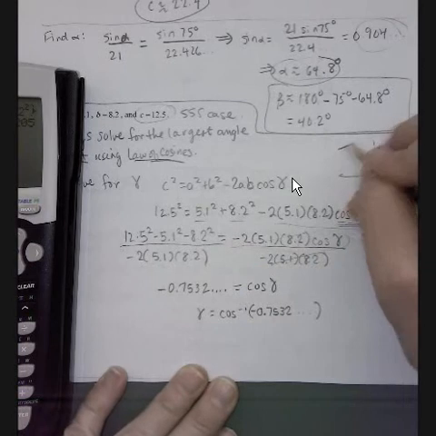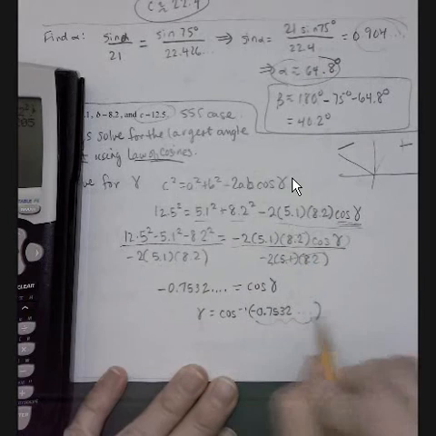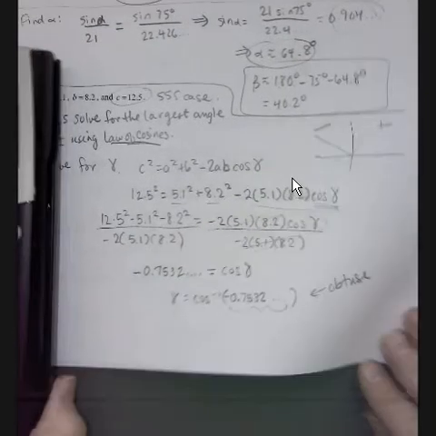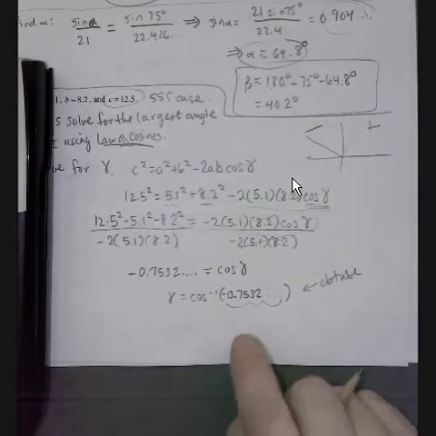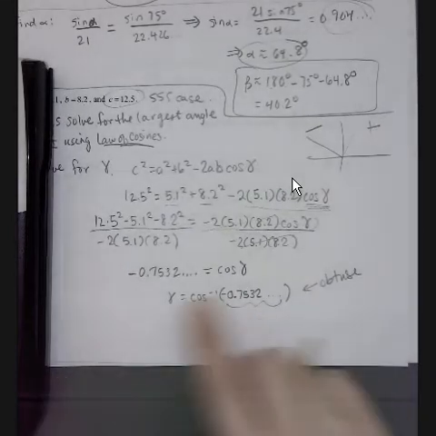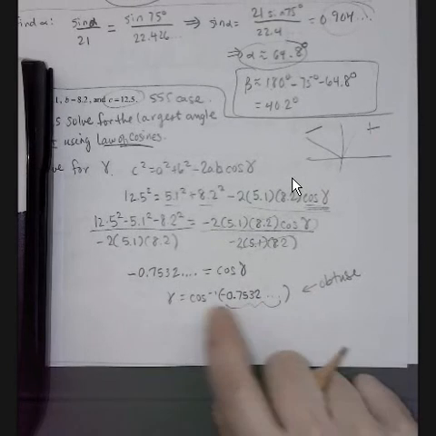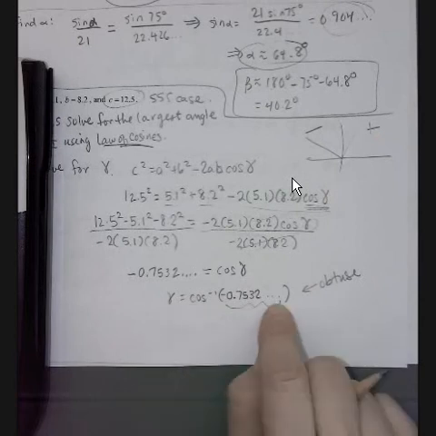So if this number is negative, this is going to be an obtuse angle. If it's positive, you've got the acute. So using the law of cosines and cosine inverse, you'll be able to determine with the math, without even thinking about subtracting from 180, that you've got an obtuse angle. This has to be obtuse because of the negative.